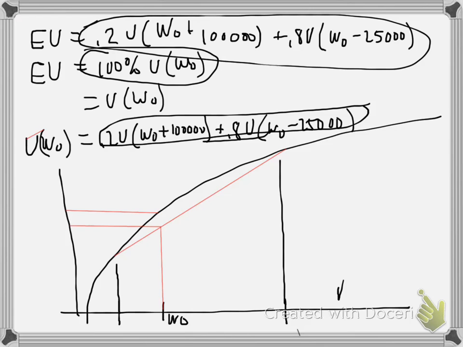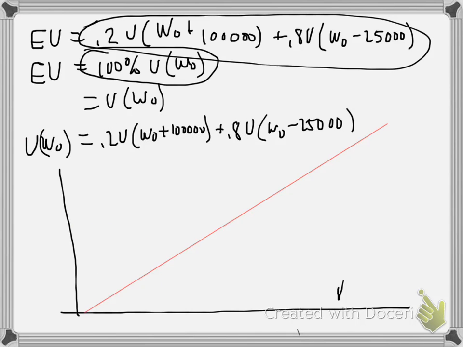Only when you have a constant marginal utility of income, like so, can you get the equation to work.